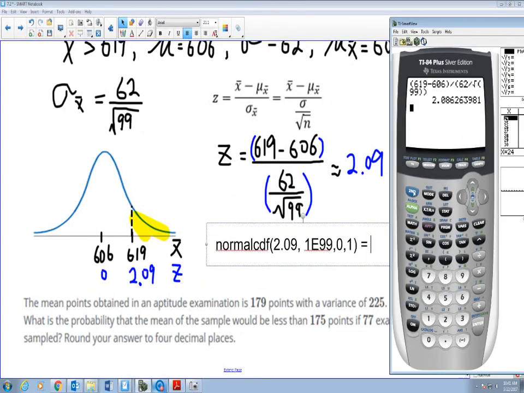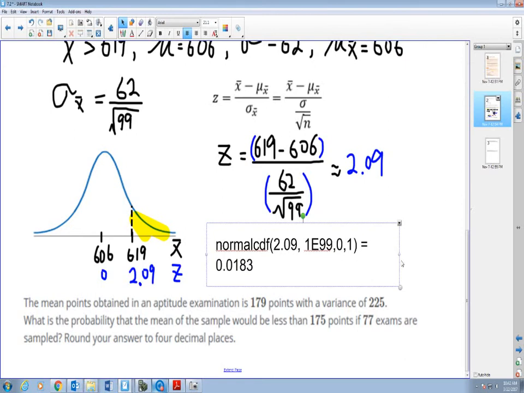Let's see what that will become. Second distribute. Comma 0, comma 1. Alright, so the area to the right of that 619 is 0.0183.